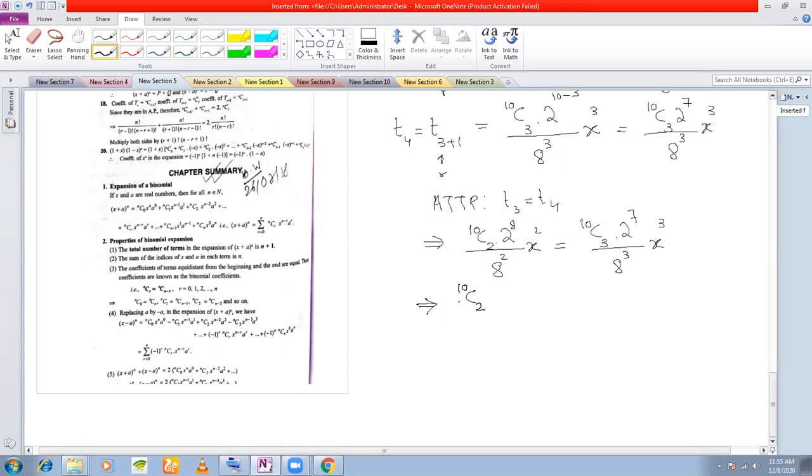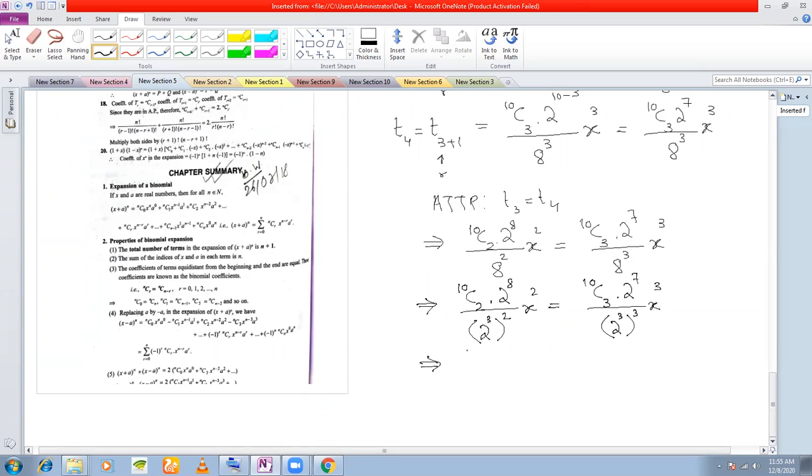Now remember, if I cancel on both sides, we are going to lose a solution. So that is why I'm simplifying on both sides. 2 to the power of 8, and 8 you can write as 2 cube square x square is equal to 10C3 into 2 to the power of 7 divided by 8 is again 2 cube whole cube x cube. That is the reason why I'm not cancelling.